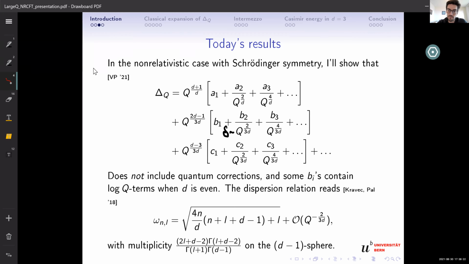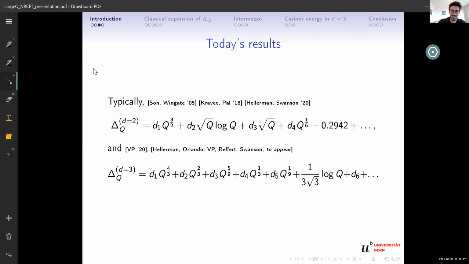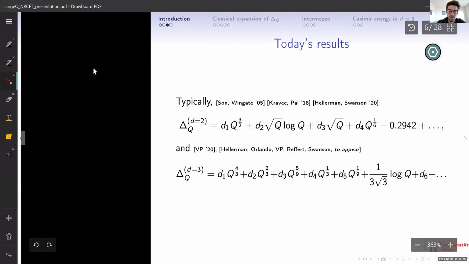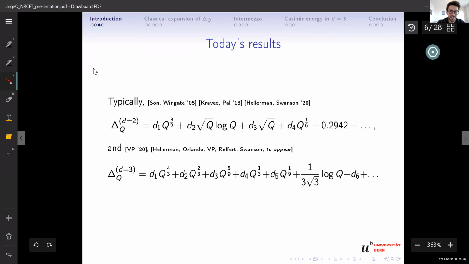to the Casimir energy. And as an example, I also wrote down here the d equals 2 and d equals 3 case, where you have new terms, right? And I basically forgot to tell you that these terms here, the b's, b1, etc., they may contain log Q terms when d is even, right? And these terms are not universal in the sense that they come with a Wilsonian coefficient.